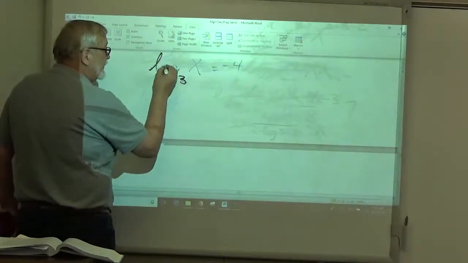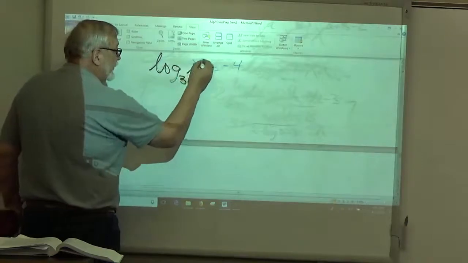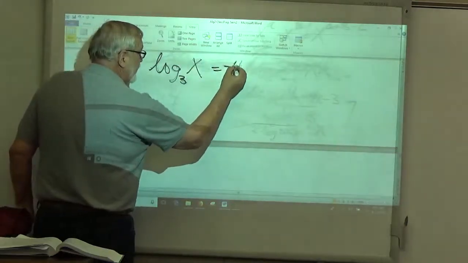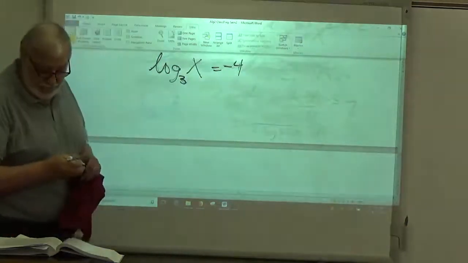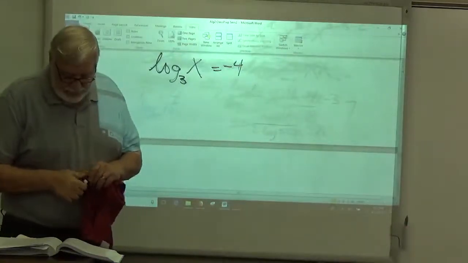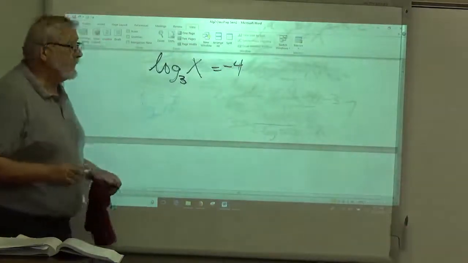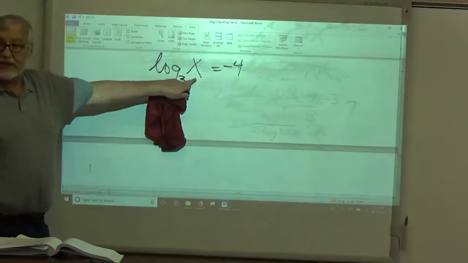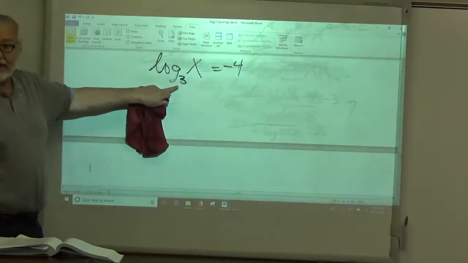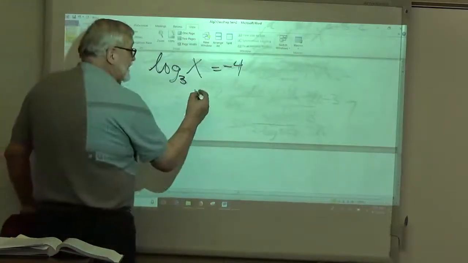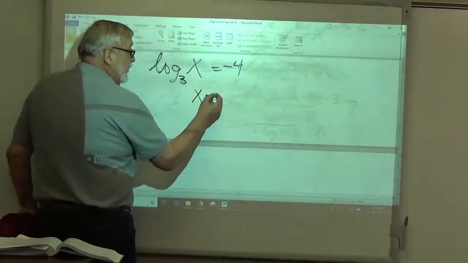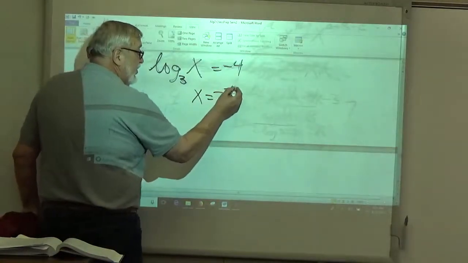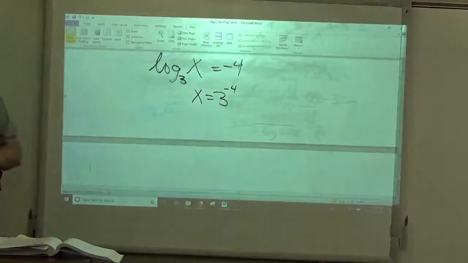I'm going to write this so we can see it. Okay, now, this is the answer, this is the base, right? So this says x is equal to 3 to the -4 power.